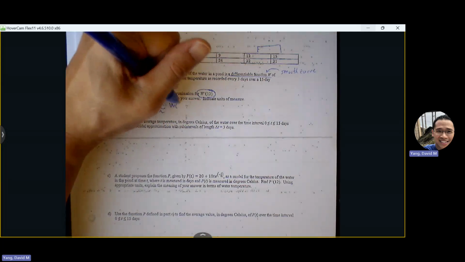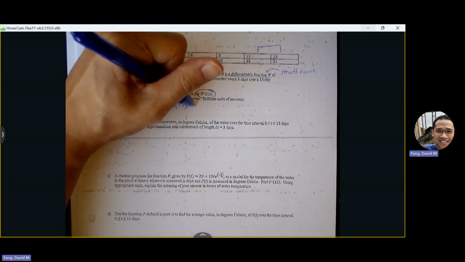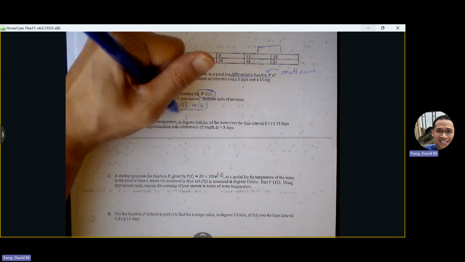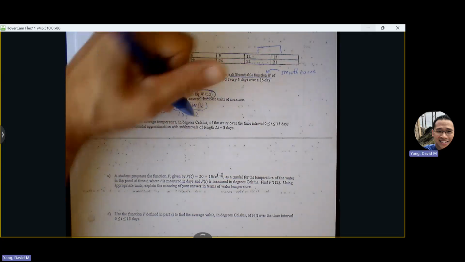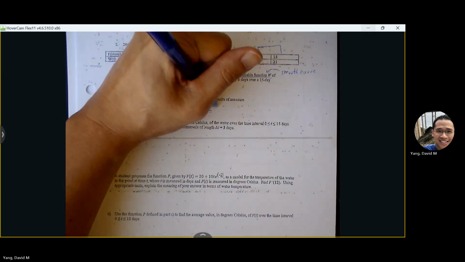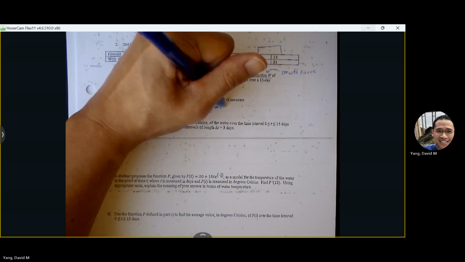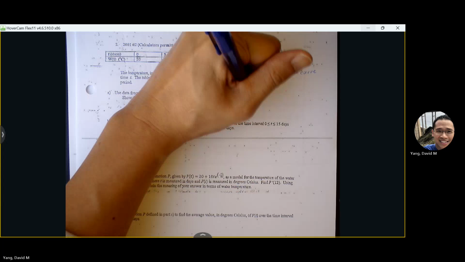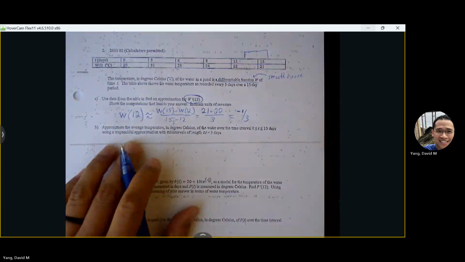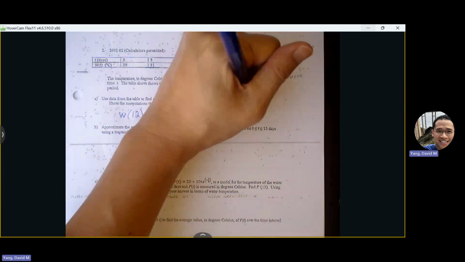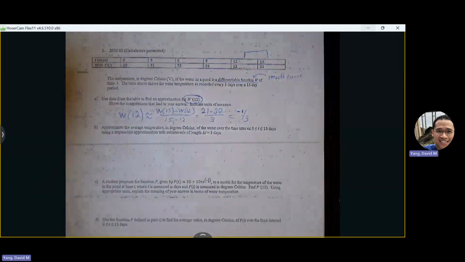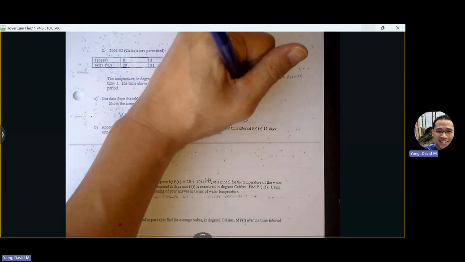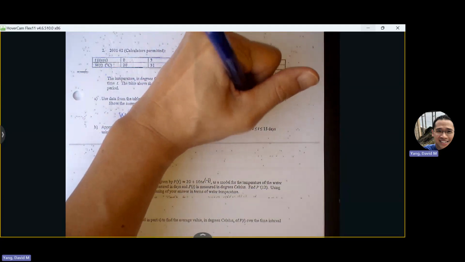So it's change in temperature between 2 days divided by that time interval. Okay, so our units is change in temperature over the change in days, so degrees Celsius per day.